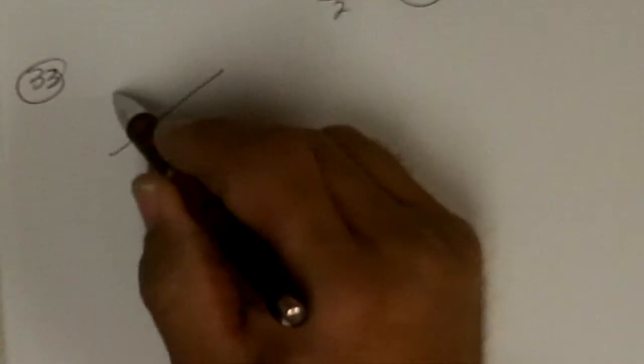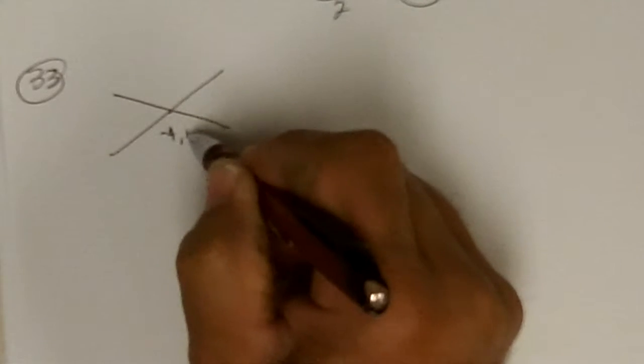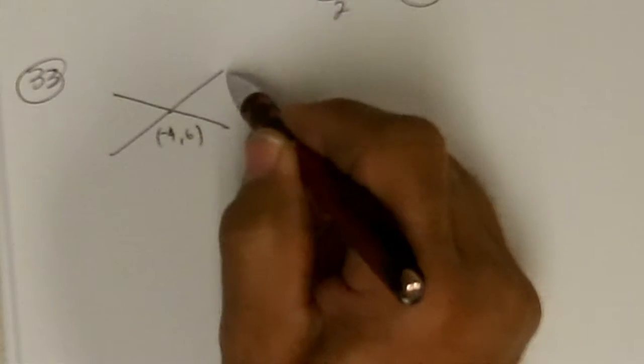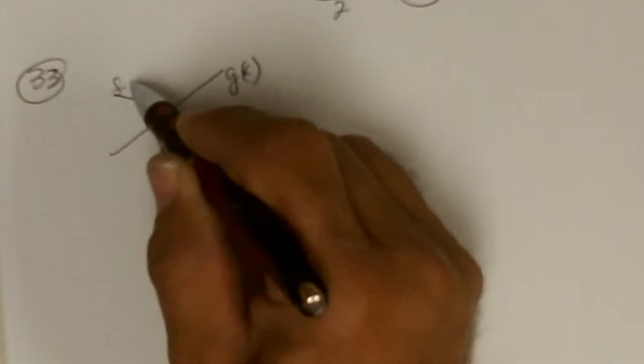That was 3, now we'll do 33. For 33, we have a picture of two lines crossing and they intersect at -4, 6, and this one is g of x and this one is f of x.